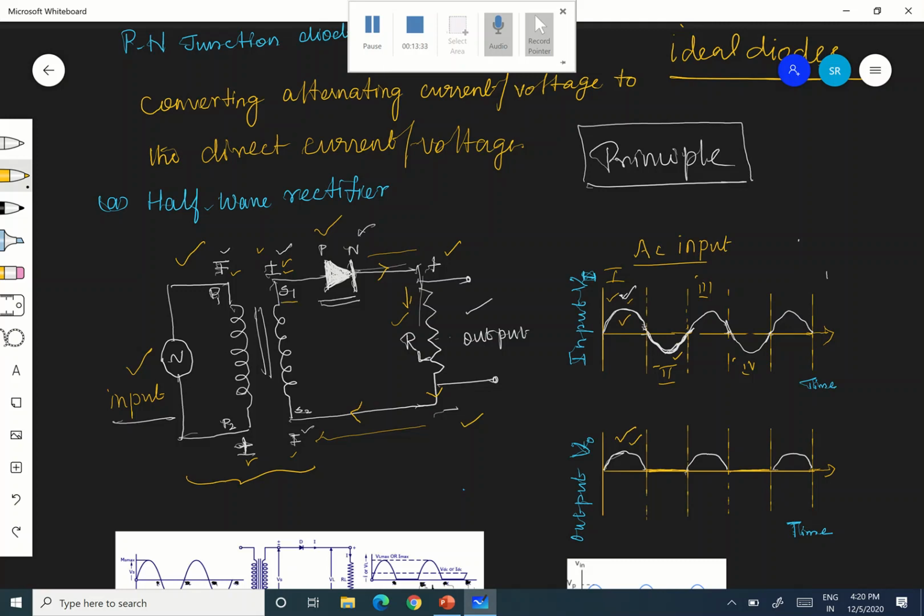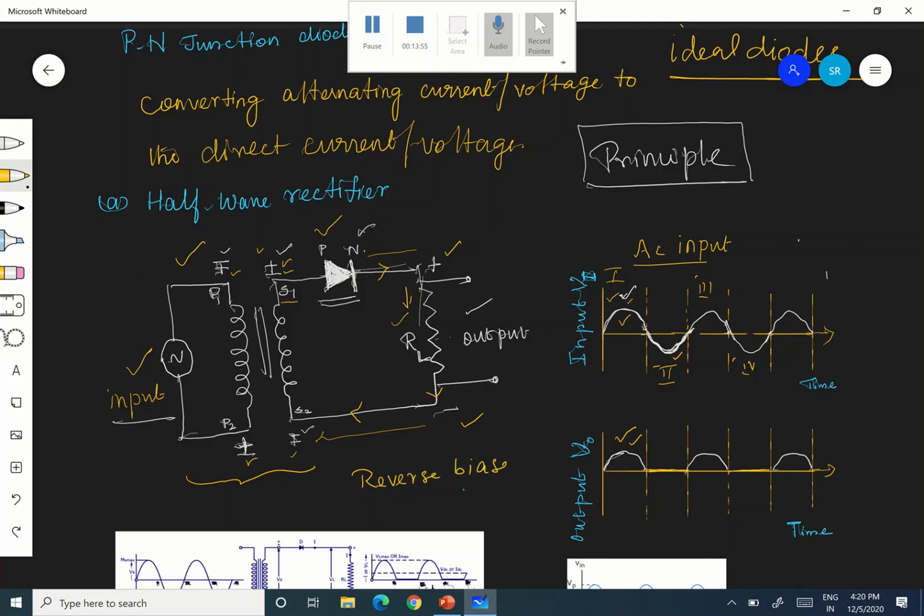S1 negative means P is connected to negative, and S2 positive means N is connected to positive. P to negative, N to positive, which means that it is reverse biased.